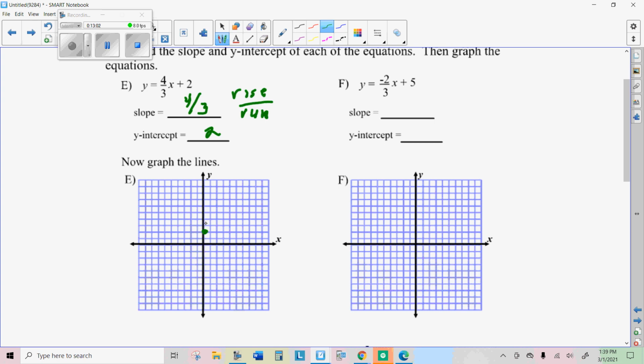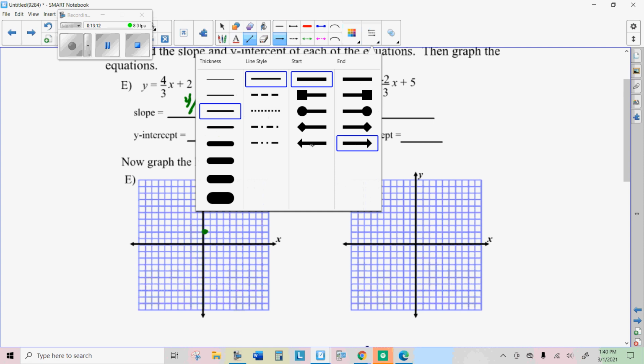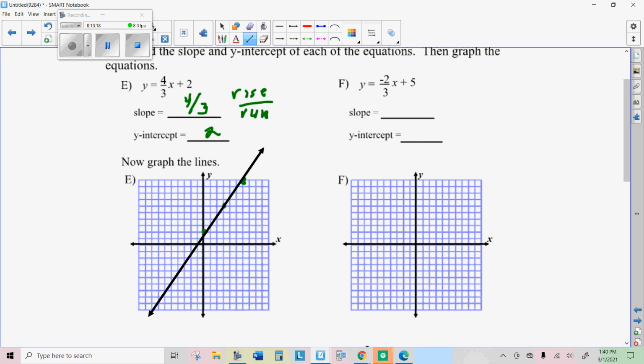So I'm going to go up 4 over 3, put a point. Up 4 over 3, put another point. Then I'm just going to go ahead and draw in that line. Looks like I'm off a little. I'll adjust that. There you go.